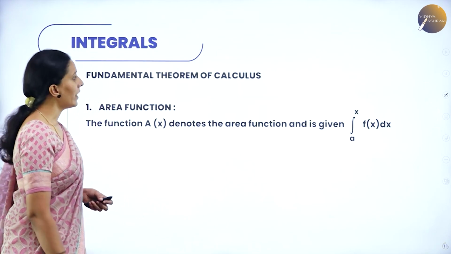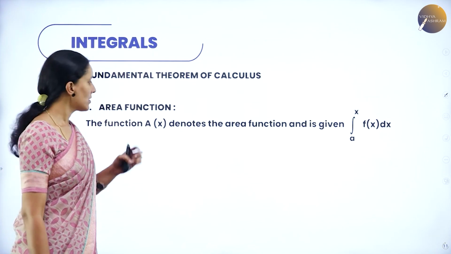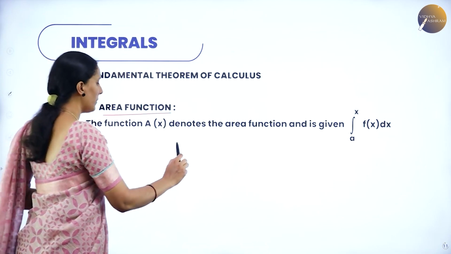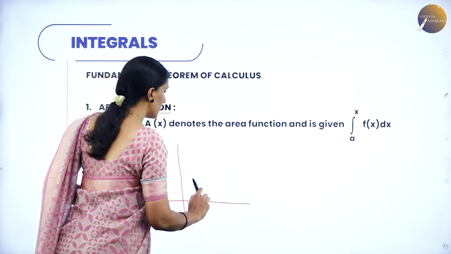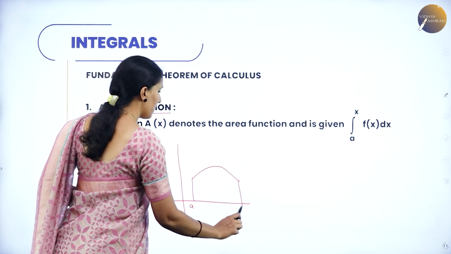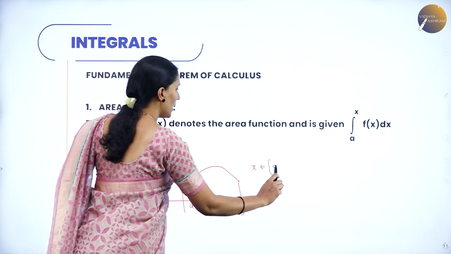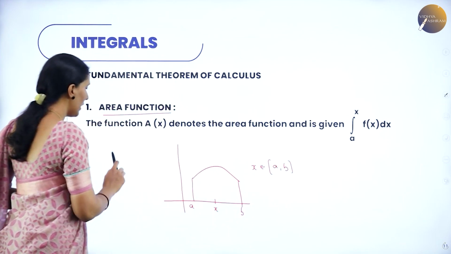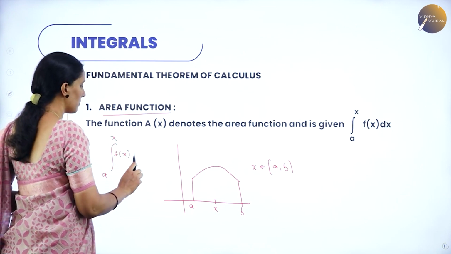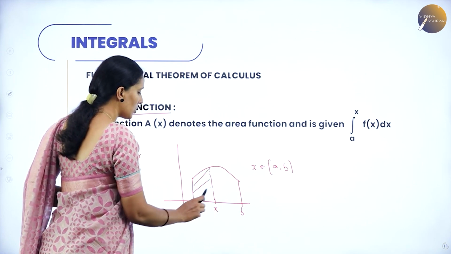Next, we have the fundamental theorem of calculus. First we will study the area function. So, what is this area function? Let me take a curve here. Let me take a and b as an interval. Let x be any point belonging to the closed interval a comma b. Then the integral from a to x of f of x dx is nothing but the area shaded here.